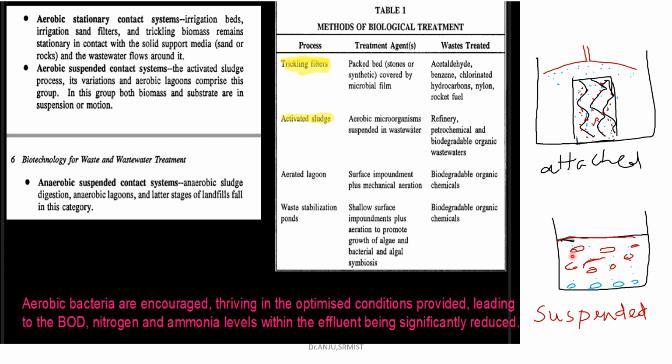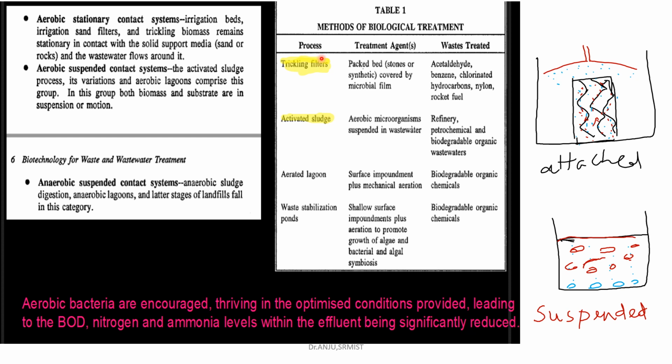The widely used suspended growth process is the activated sludge process, which is used to treat wastewater from industries and from municipal sewage water.